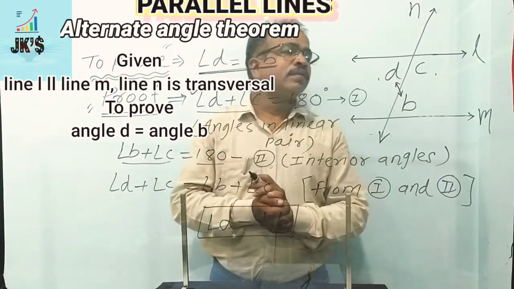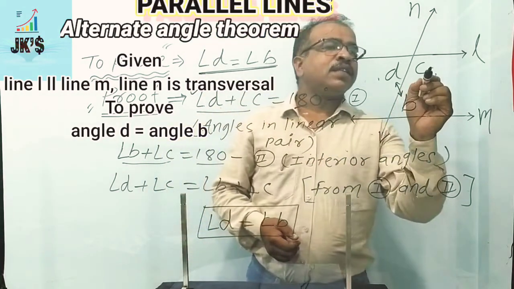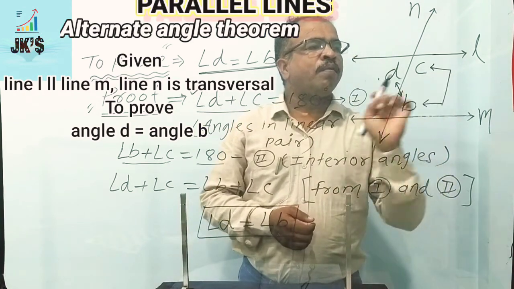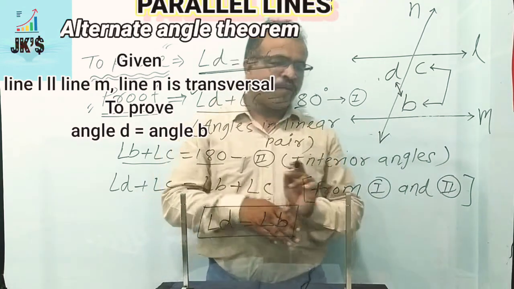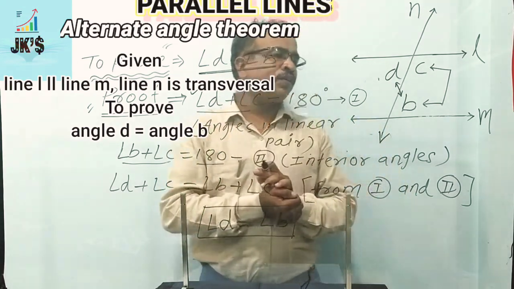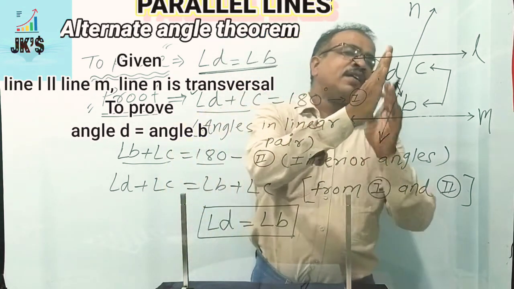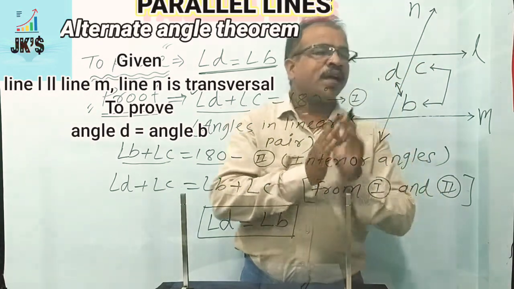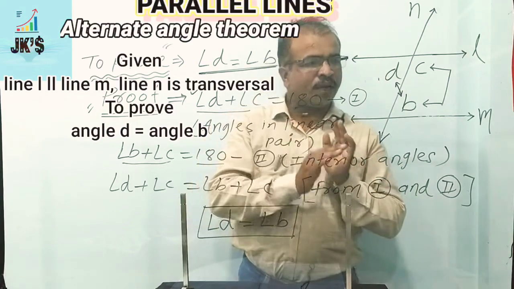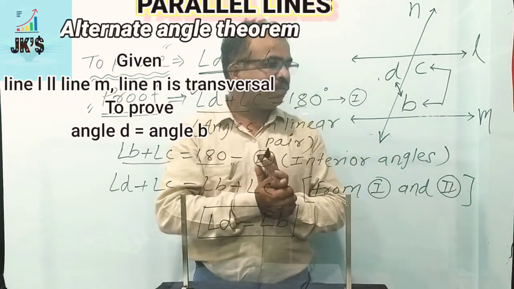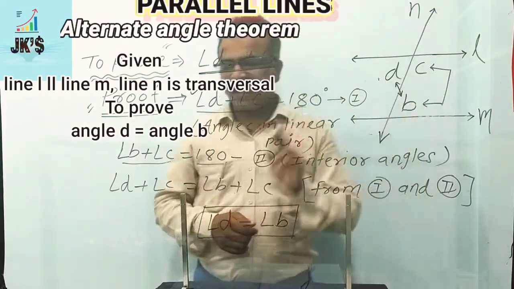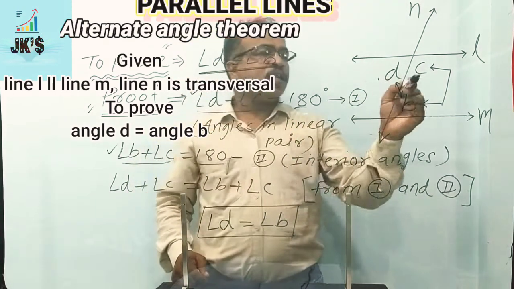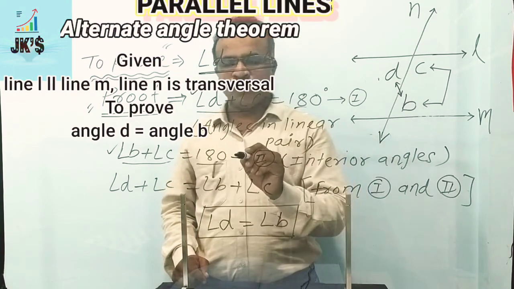Now second, this angle C and angle B are a pair of interior angles. From the interior angle theorem, the interior angles on one side are supplementary. Hence angle C plus angle B equals 180 again.